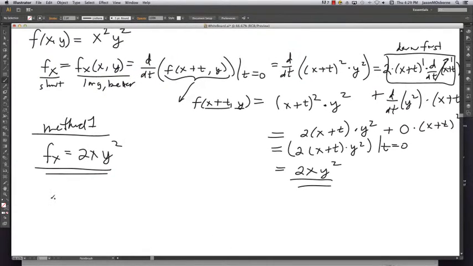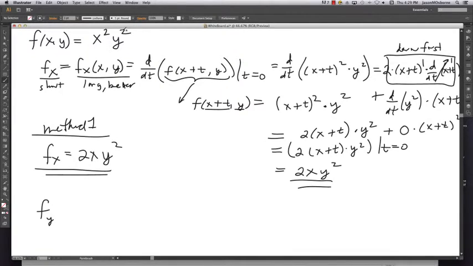If, for example, you wanted to compute the partial derivative with respect to y of this function, evaluated at, say, x naught, y naught, where x naught, let's say it's 1 and y naught is 2, you have two options there.